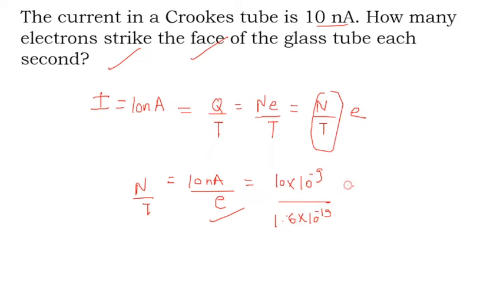When you solve this, you get 6.3 into 10 to the power 10, because this will go upward: minus 9 plus 19, and 10 by 1.6 is 6.3. So this will be 6.3 into 10 to the power 10 seconds inverse, because n is a number and t is time. So this is our answer.